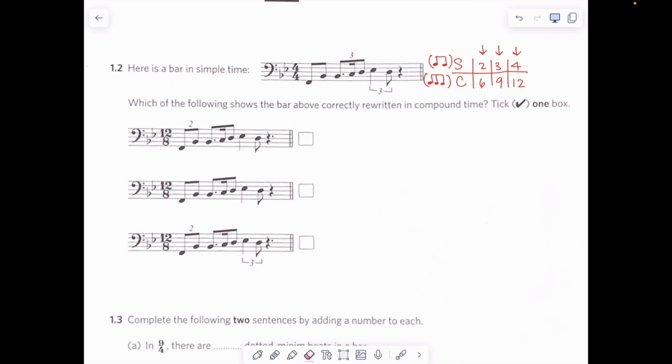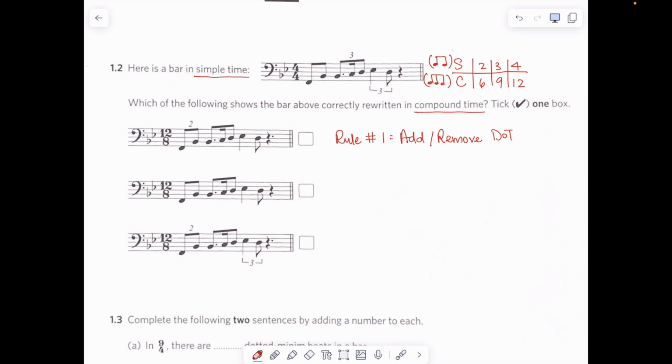Now for this question, where you have to change from simple time to compound time, there are 2 rules that you can remember that will really help you. Rule number 1 is you will add or remove a dot.